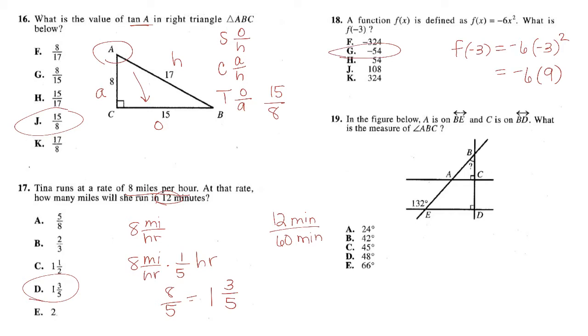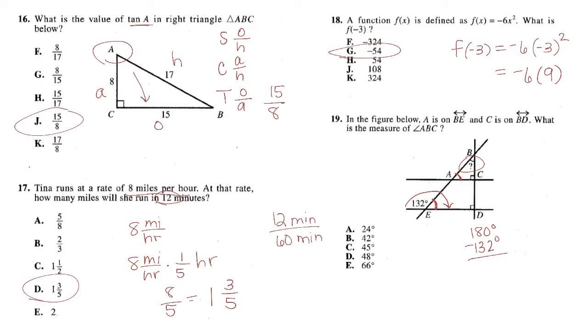Okay, moving on to our next problem, we have to find the measure of this angle up here. Now, given that we have a right angle, we are also able to figure out that whatever the measure of this angle is, that will also be the measure of that angle. So I know all the way around is 180 degrees, so I'm going to subtract 132 from that.